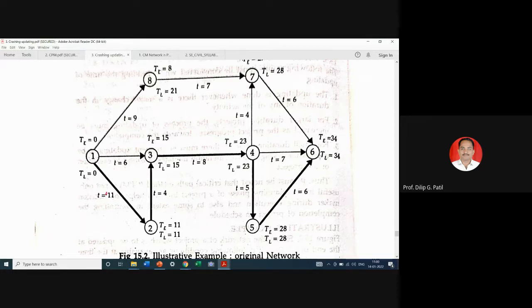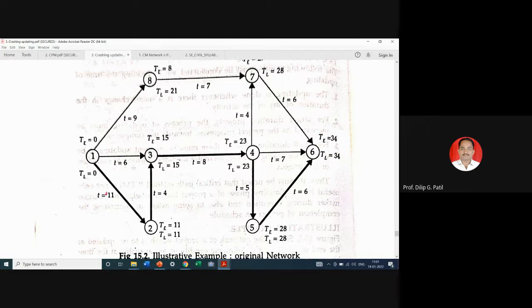Likewise, you have calculated earliest event time by forward pass method by adding TE of I and activity duration Tij. By forward pass method, we have selected maximum values.